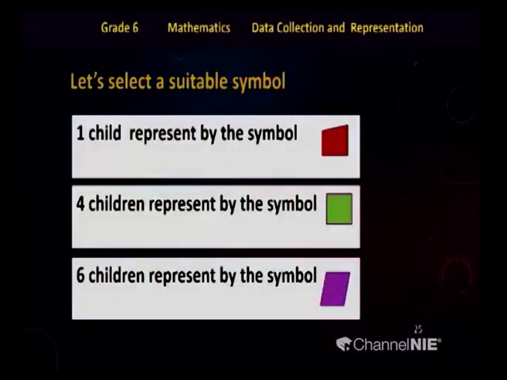I hope you also selected the second symbol as the best one. We'll see how to use it. My dear children, I am going to represent that data using this square.